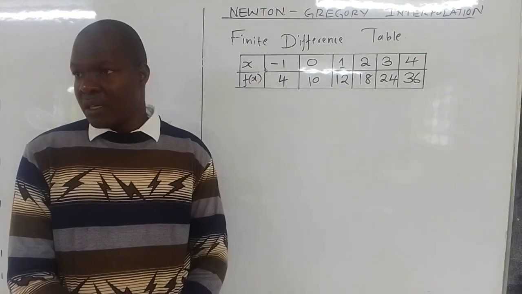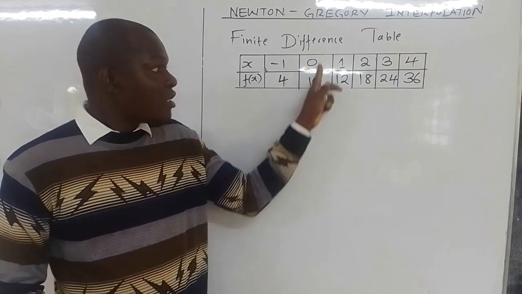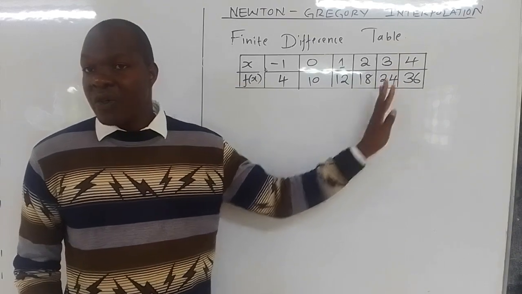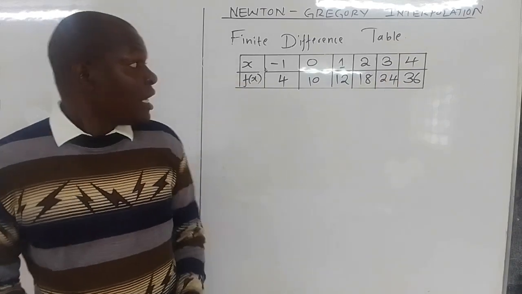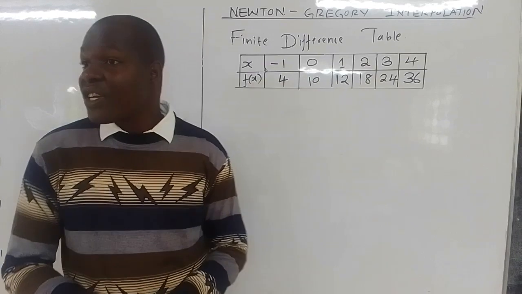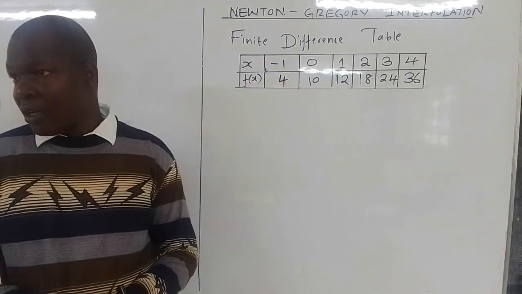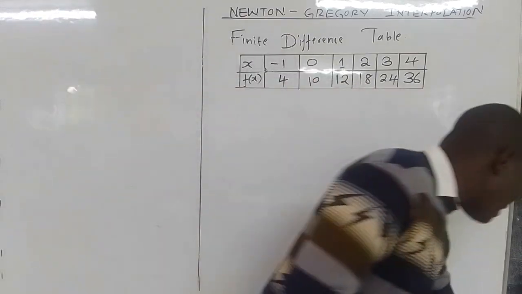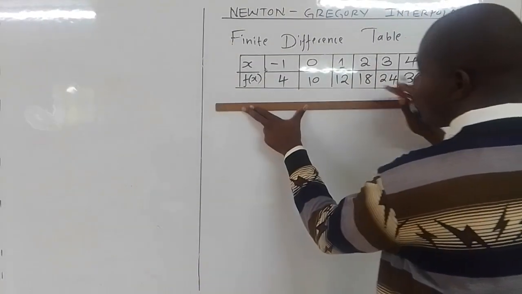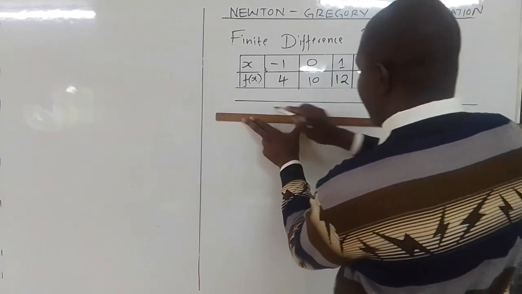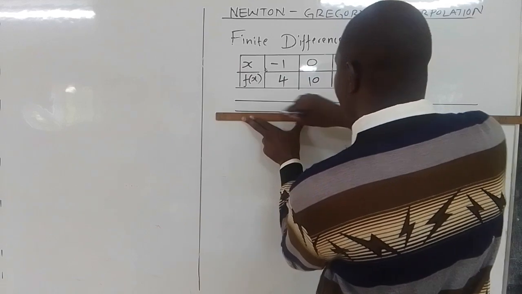Are you getting that? Are we together? So you come here and you form a table with the 12 rows.